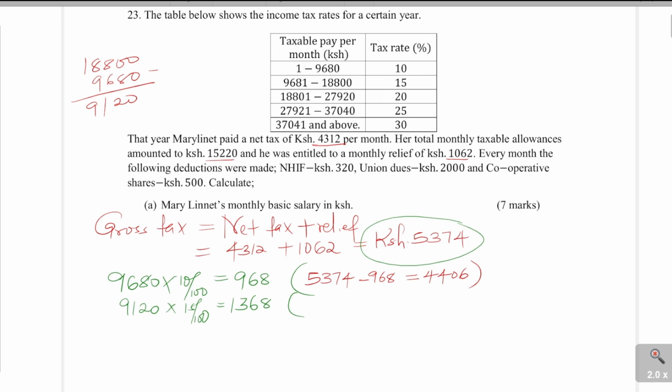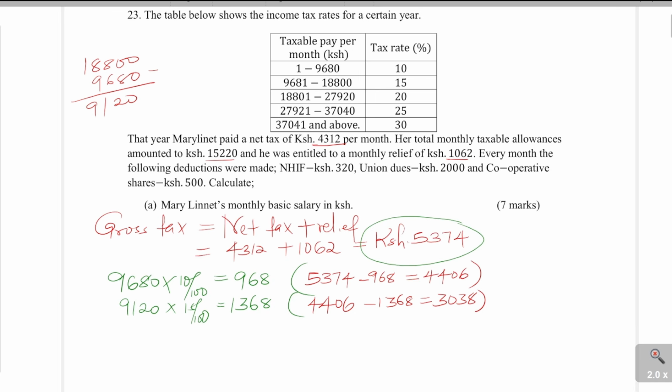So again, what is remaining? From the first slab, we had 44.06. Now from the second slab, we subtract 1368. So as we move to the third slab, we'll be having a balance of 38. We'll proceed until we are able to account for the whole of this figure, 53.74.